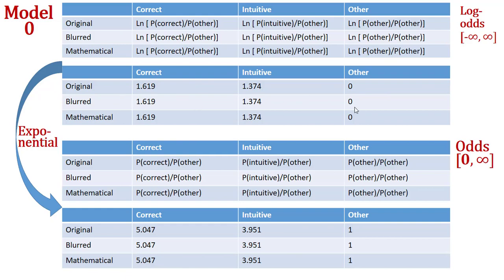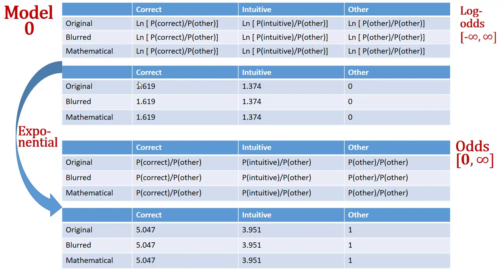So if there is no effect of type of problem on type of response, then the prediction would be the same for the three problems. And that's why we've got only two values. Okay?